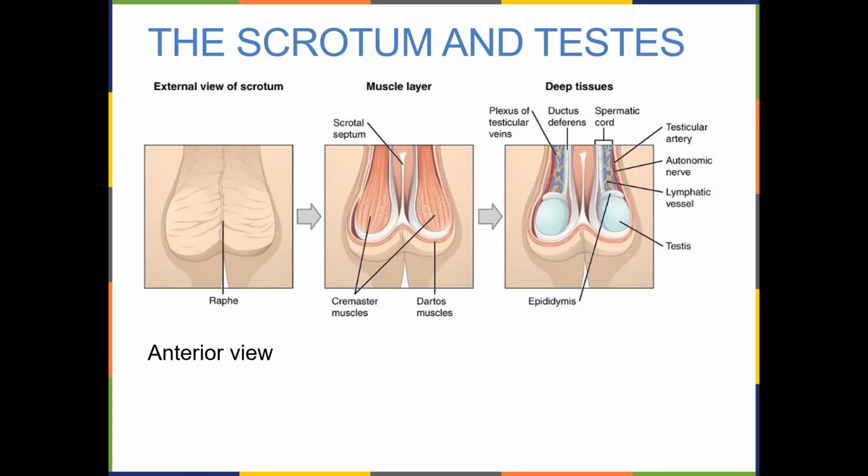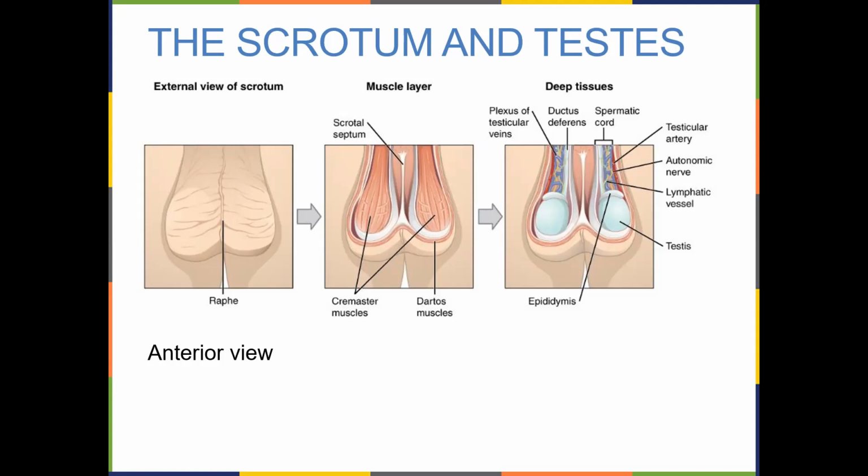So the cremaster helps to regulate the temperature inside the testes by drawing them close to the body on a cold day, and allowing them to descend lower on a hot day so that they can be a little bit cooler. They're trying to regulate the temperature for us. Now, the cremaster muscles surround the testes proper.